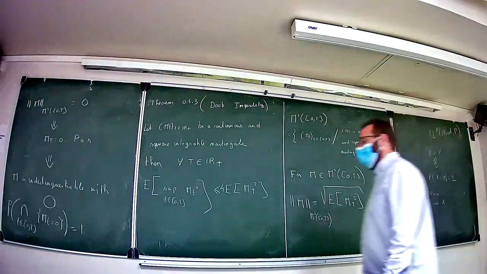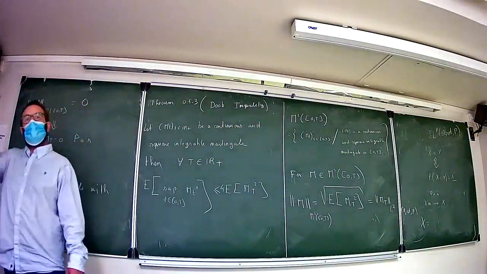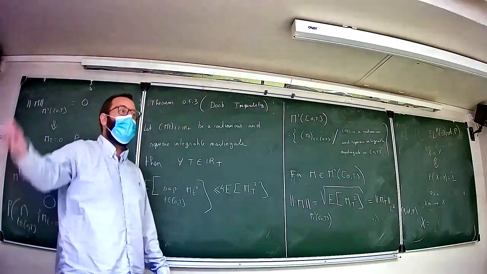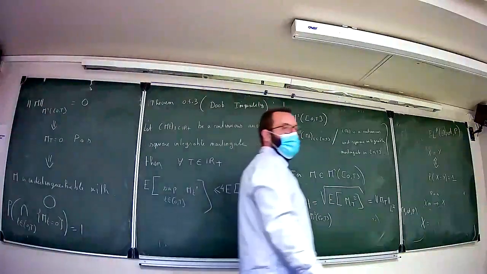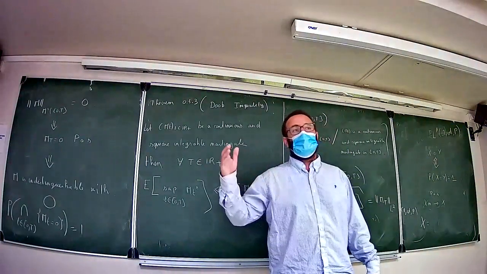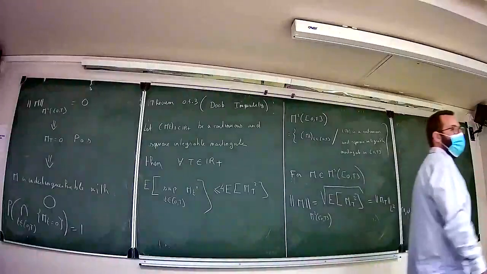In general, we think about a random variable not as a single thing, but as a set of random variables, all of them being equal P-almost surely together. Because in some sense, we remove all the negligible sets. We don't mind about negligible sets when we do probabilities.